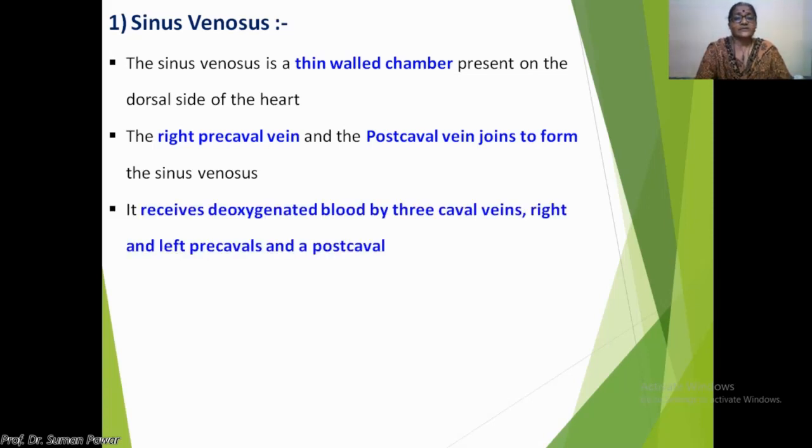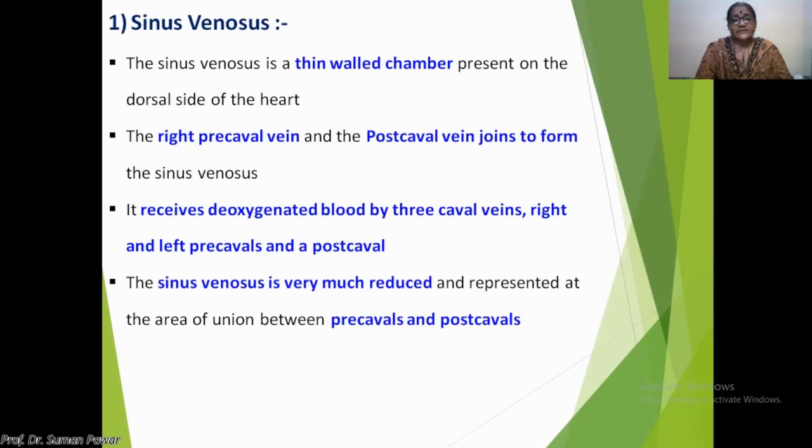The sinus venosus receives deoxygenated blood through three caval veins, that is the right and the left precaval veins, which collect blood from the anterior region of the body of Calotes, whereas one postcaval vein collects the deoxygenated blood from the entire trunk region.